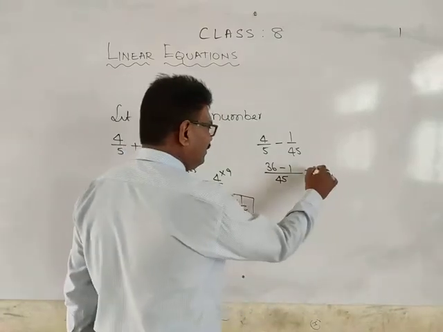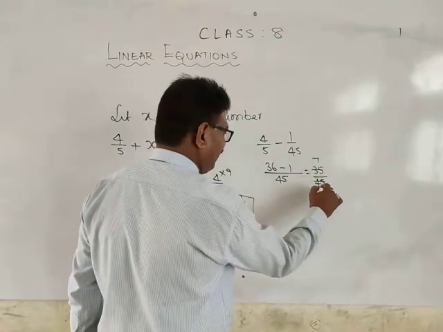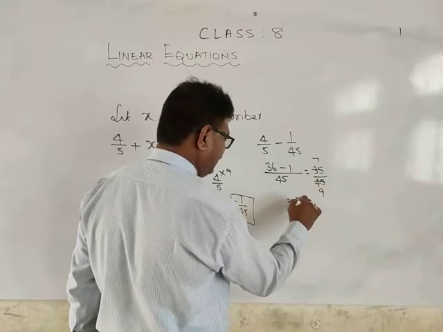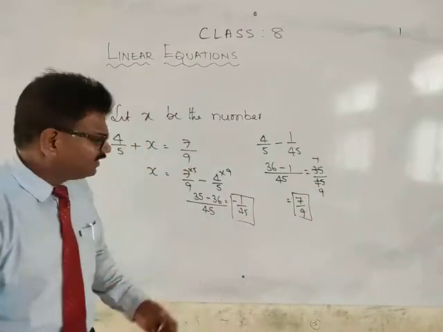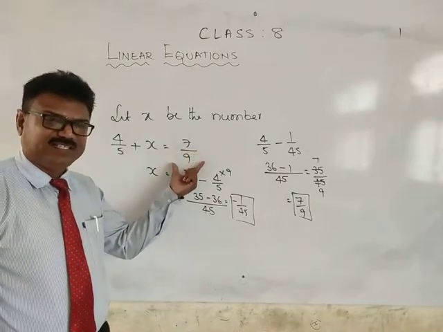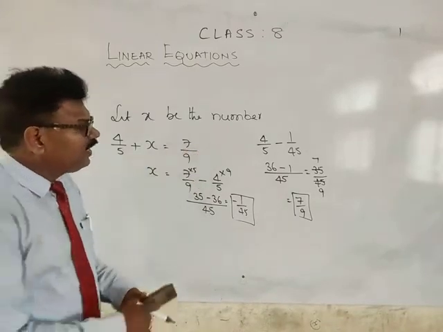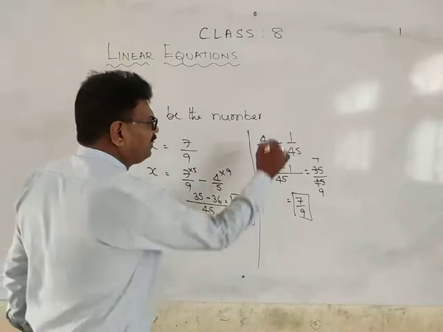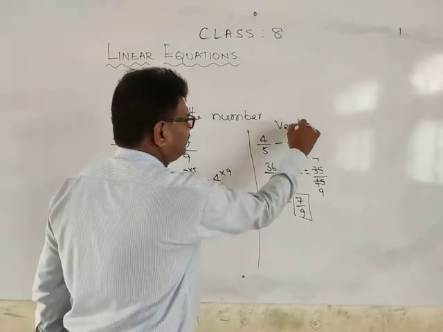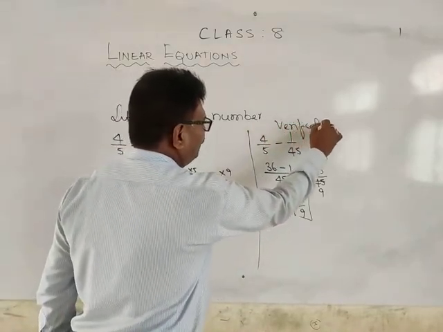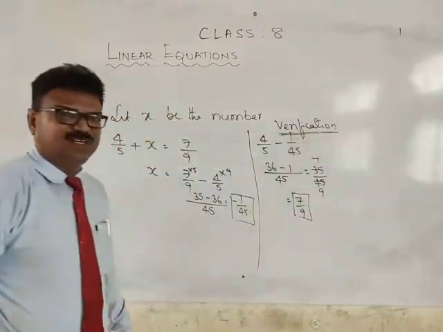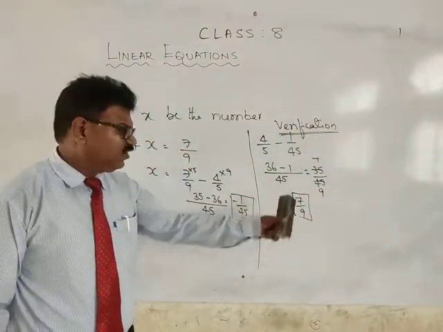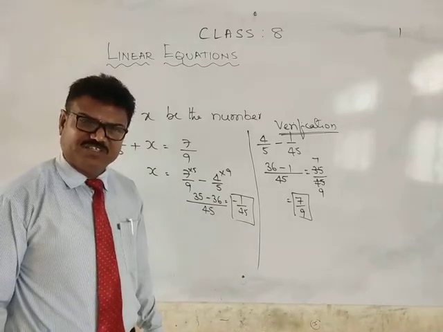Now 5 sevens, 5 nines. Therefore the answer is 7 by 9. On the right side, what is the answer? 7 by 9. This is nothing but verification. They will not ask for verification, but for our own satisfaction, whether we have done it correctly or not. Did you understand?